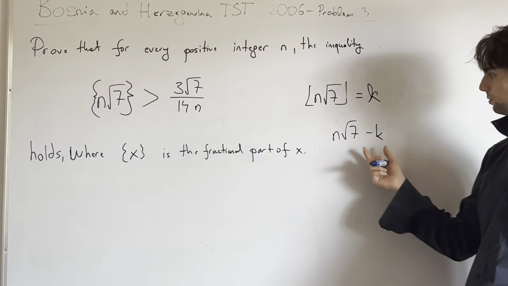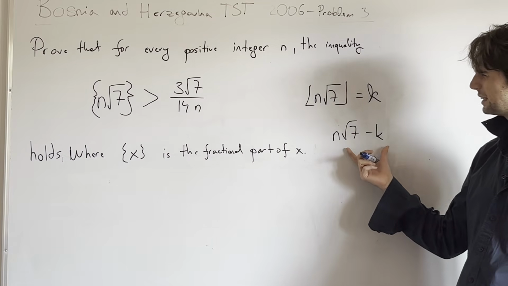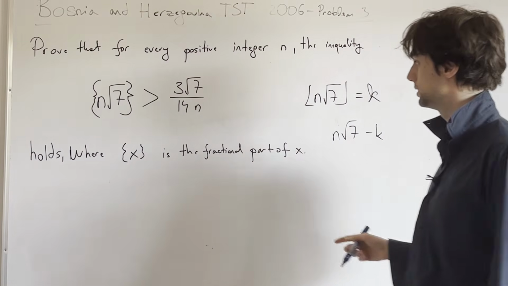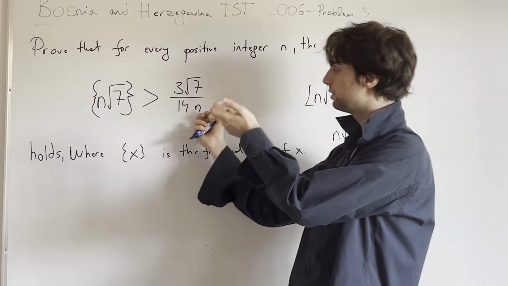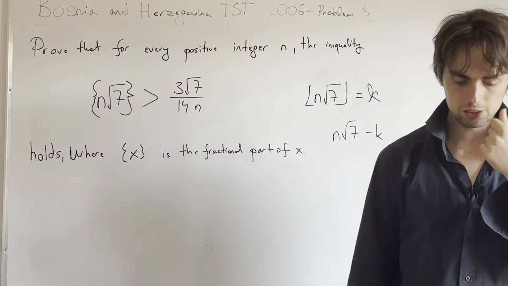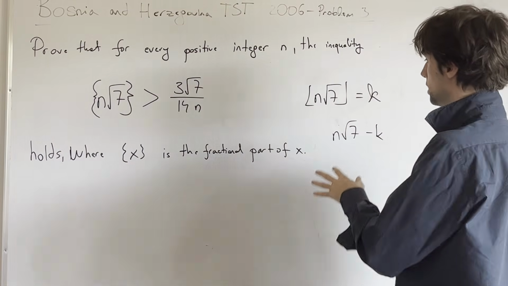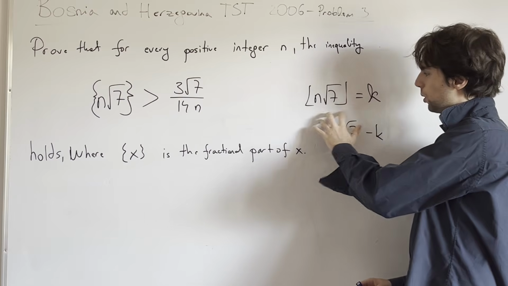Now I must prove that this is bigger than something that contains n. And to do that, my question for you is, what do I need to do? What needs to hold true?